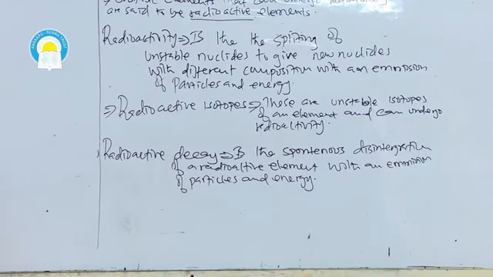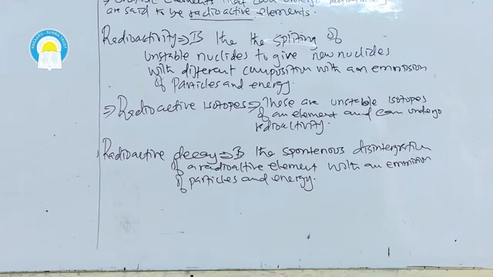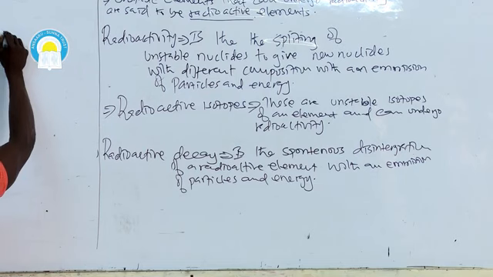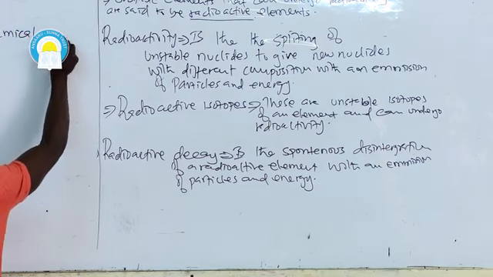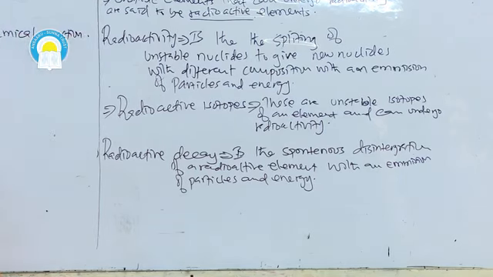So we make it in table form. Here we have nuclear reaction, and here we have chemical reaction.